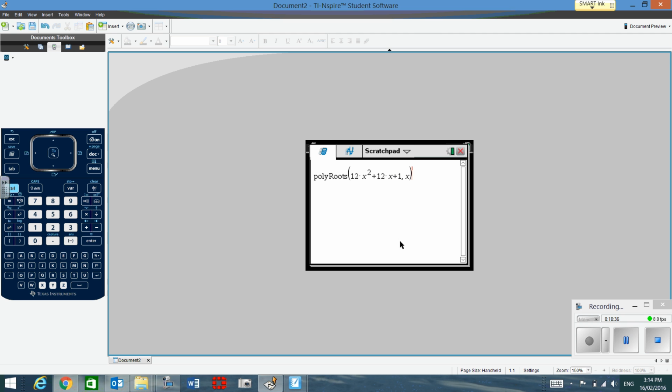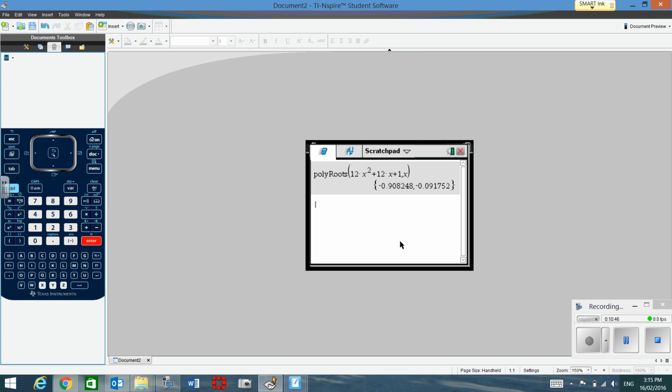Okay? So it's going to say, I want to find the roots of this polynomial that I just entered, and then it says comma x, and that just means with respect to x as my input. And I push enter. And now I have my two solutions. So without graphing, I can also find my two solutions by using the polynomial root finder.